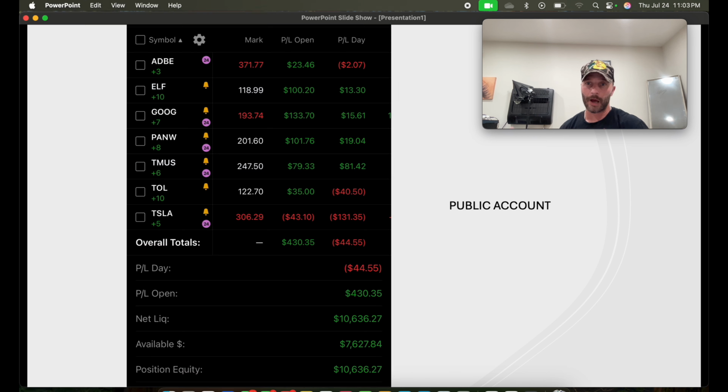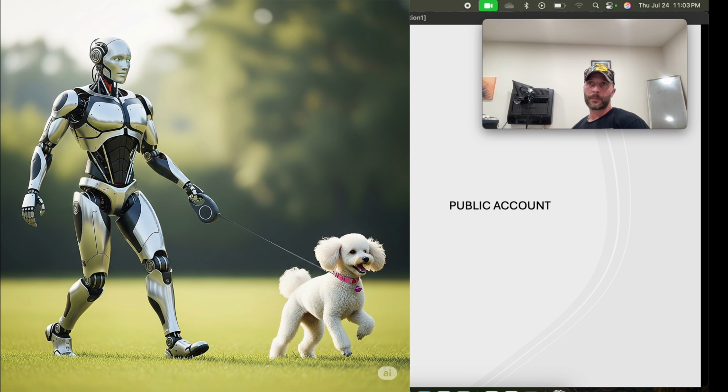It really is. With Optimus in the near future, eventually every house will have a robot in their home, and that robot will be doing the dishes and mowing the lawn and folding the laundry and whatever else, walking the dog.